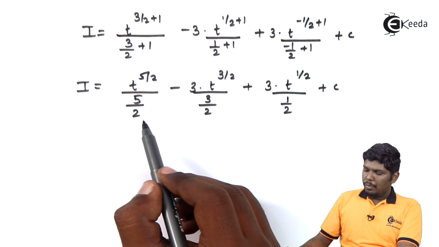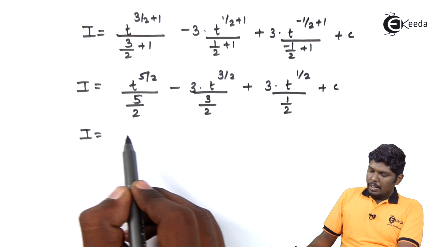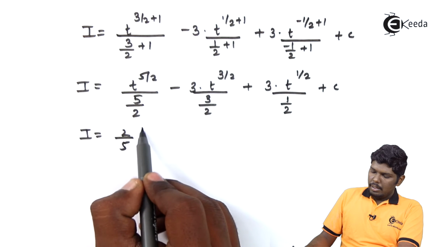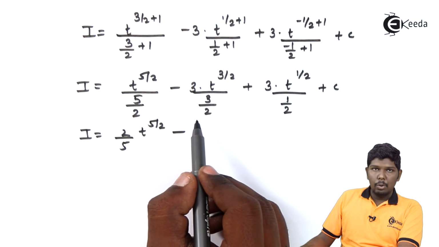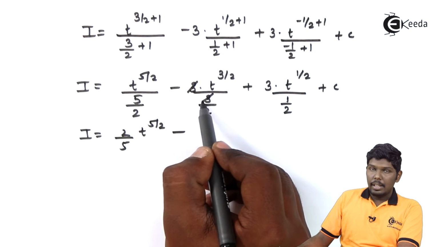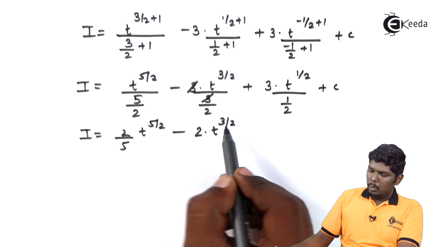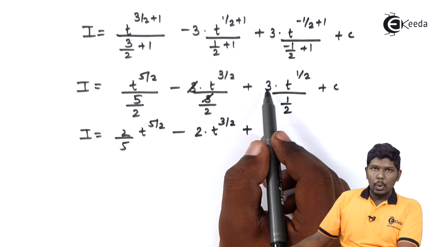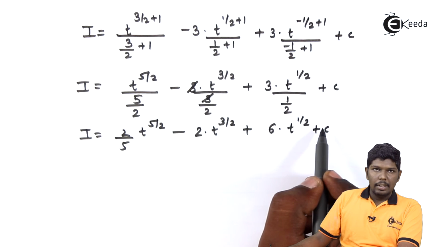Here the reciprocals of 5 by 2, 3 by 2 and 1 by 2 will be multiplied. That is 2 upon 5 t raised to 5 by 2 minus 2 into 3 will give you 6, or you can simply cancel 3, that will give you 2 into t raised to 3 by 2, plus 3 into 2 will give you 6 t raised to 1 by 2, plus c.